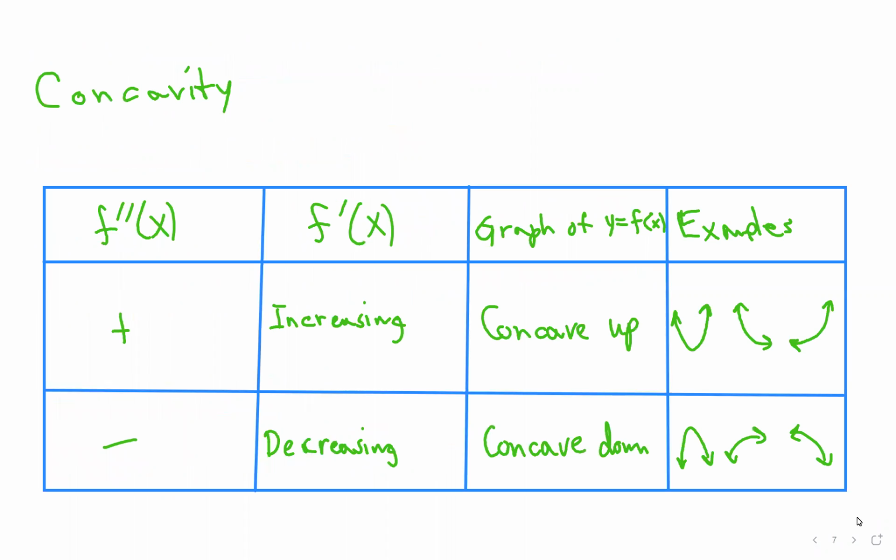So let's talk a little bit about specifically what concavity looks like and how it's related to the derivative and the graph. If the second derivative of x has a positive value, then our f prime of x would be increasing over time, and our graph of y equals f of x would be concave up. Some examples are this x squared example, where you would see it coming down and then hitting the bottom, then going up.